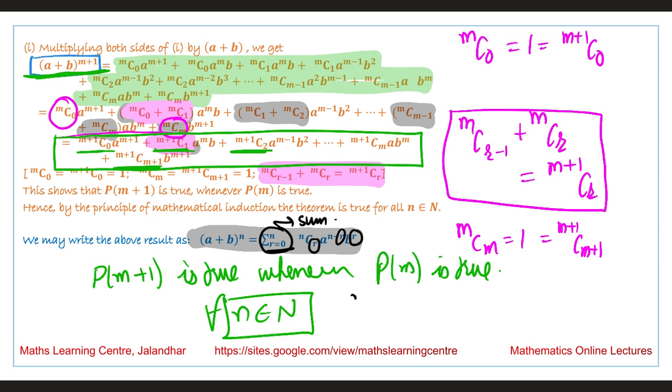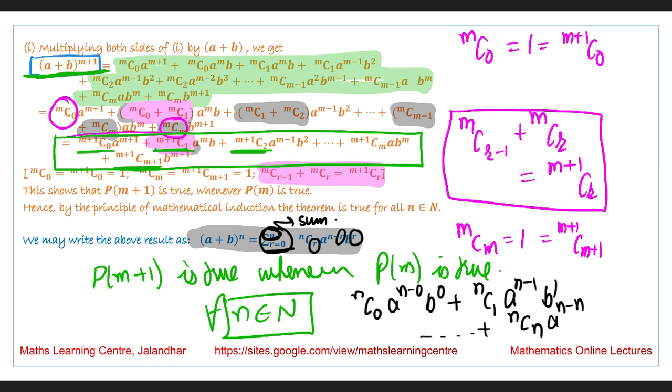The first term is nC0, a raised to the power n minus 0, b raised to the power 0, plus nC1, a raised to the power n minus 1, b raised to the power 1, and so on up to the last term, corresponding to the upper limit n, which is nCn, a raised to the power n minus n, b raised to the power n. So this is the binomial theorem that we have already seen.